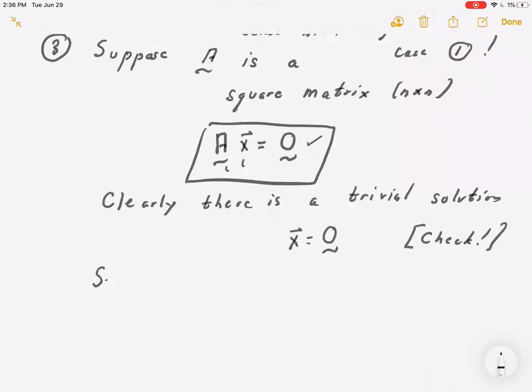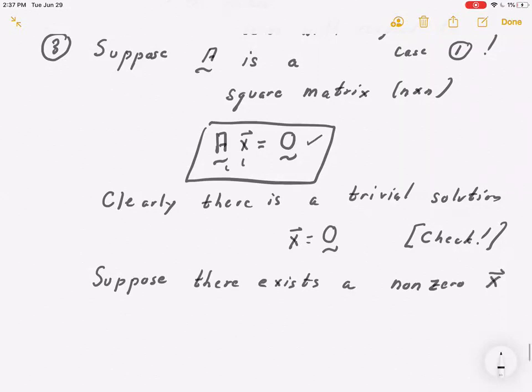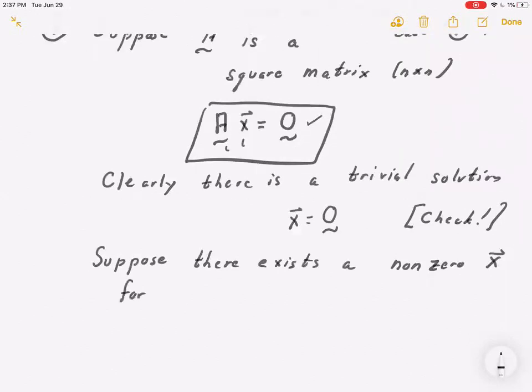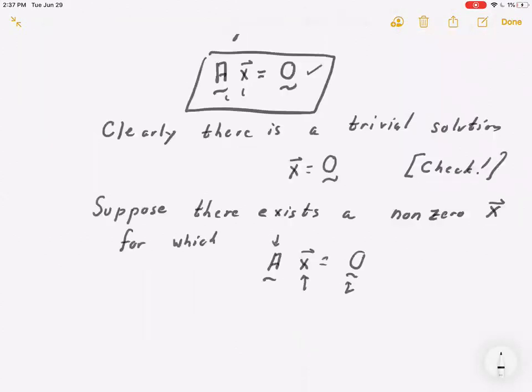Now, what about non-trivial solutions? So suppose there exists a non-zero solution to this matrix equation, for which, again, you're taking a matrix, multiplying it by a vector, and getting a matrix or vector.